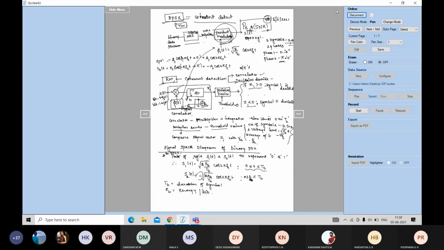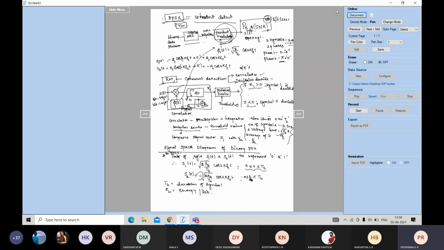Now, ultimately we have to go for the basis functions in terms of signal vectors to represent the signals in a signal space diagram. So we have to replace the two equations in terms of basis functions.